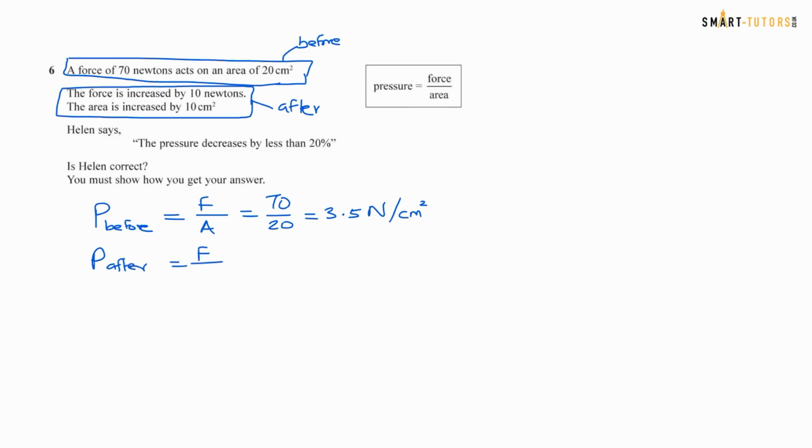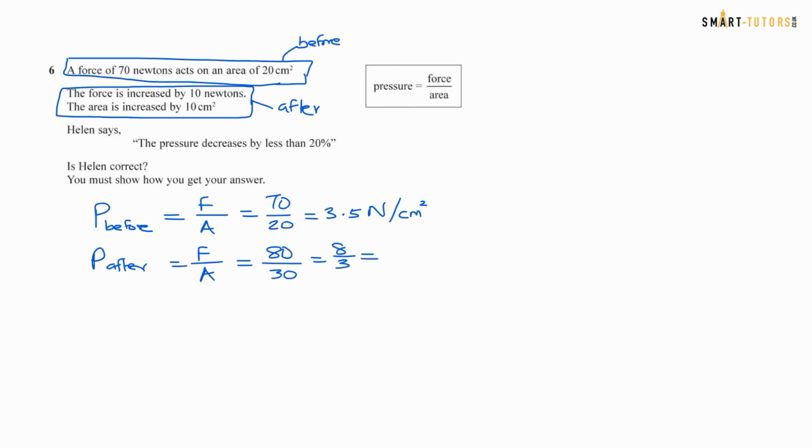So pressure after is force over area. Carefully read the question. The force is increased by 10 newtons. It's not 10 newtons, it's increased by 10 newtons, so 80. The area is increased by 10 centimeters squared, so previously 20, that is now 30.